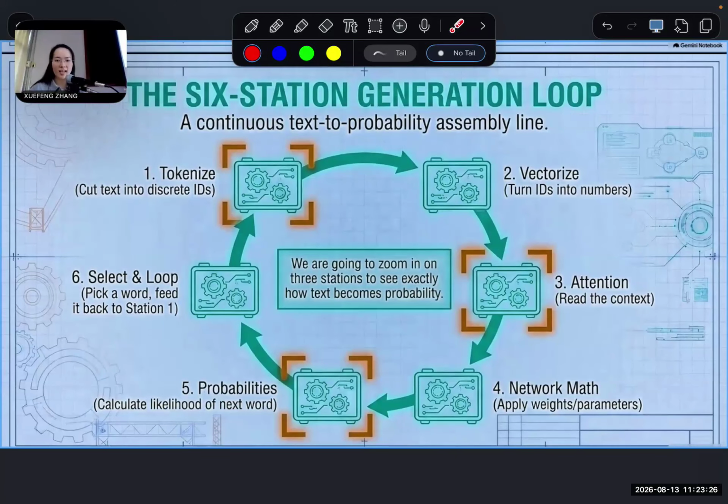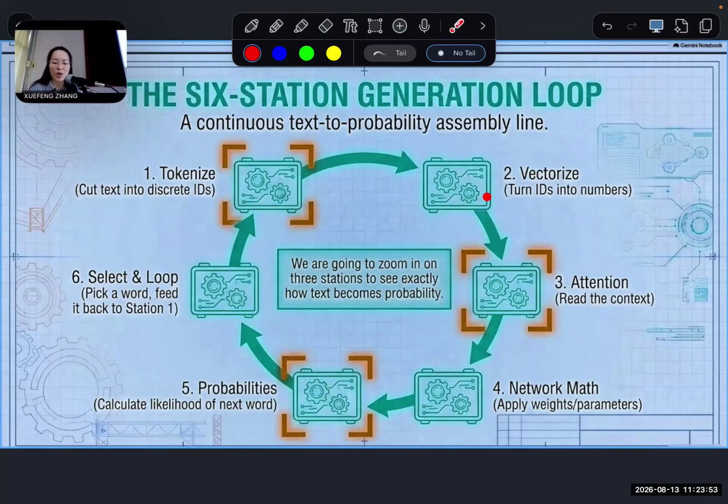Okay, so here is the assembly line, just like a factory, right? So here is the assembly line, step by step. Have you heard about tokens? Yes, you do. So the first one is tokenize. What does it mean? Basically, we cut text into discrete IDs.